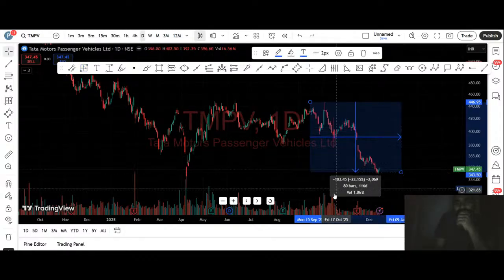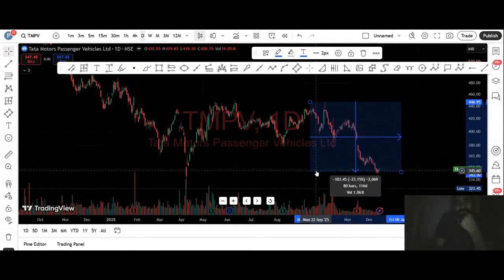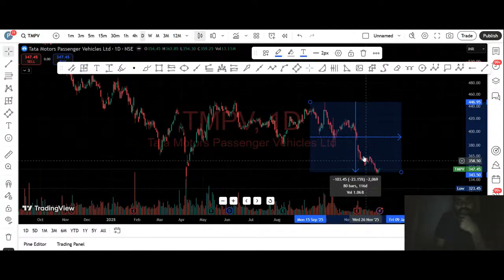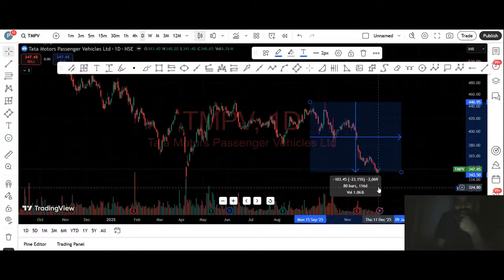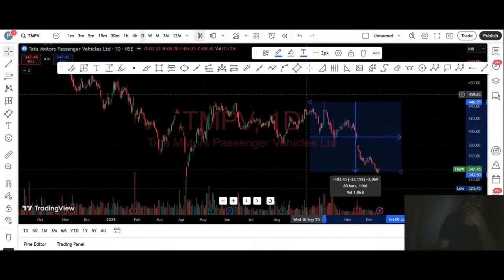It crashed by 23%, but this 23% is down. Means if you fail to choose a good stock, then you can play through these ETFs.